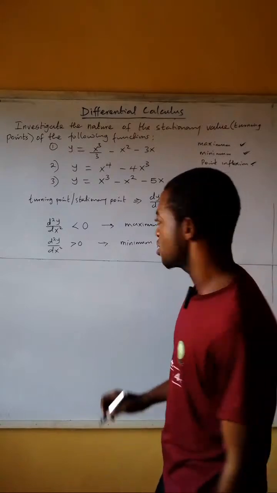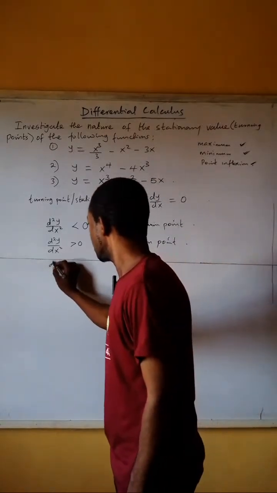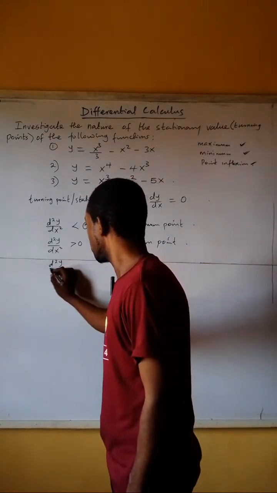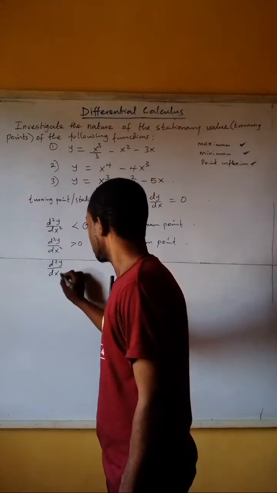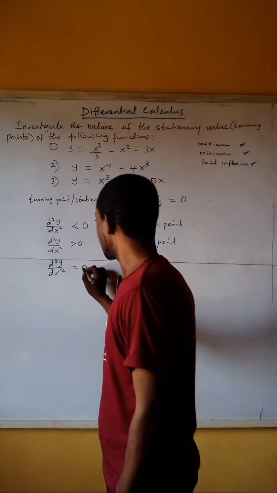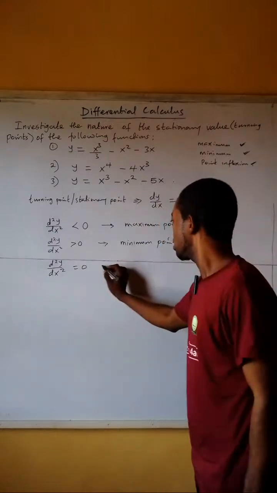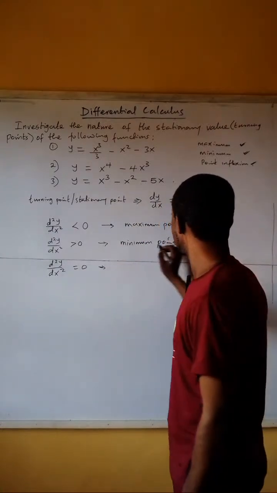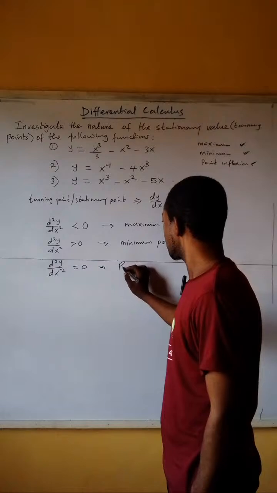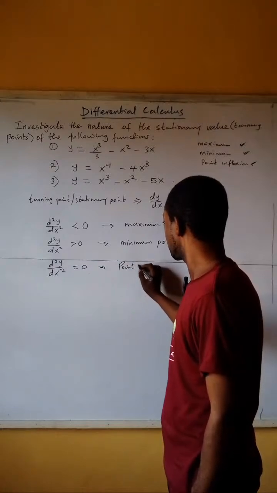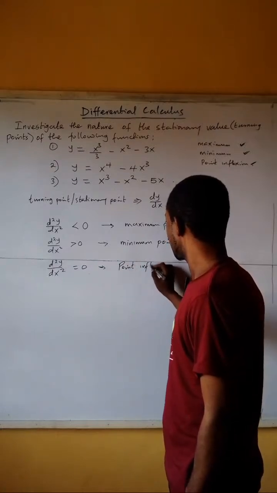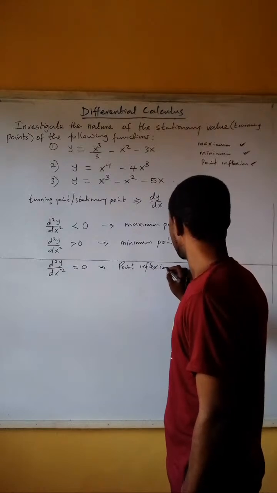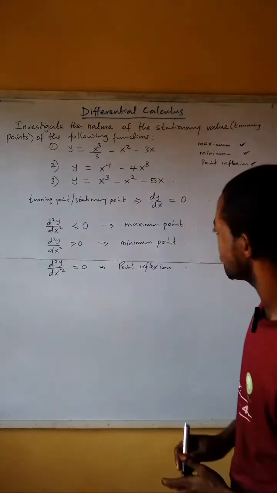And if the second order derivative is equal to 0 after we substitute the turning point, it implies this turning point will then be a point of inflection. So that's what we have.